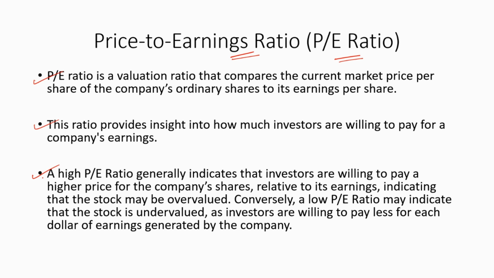A high PE ratio generally indicates that investors are willing to pay a higher price for the company's shares relative to its earnings, indicating that the stock may be overvalued. Conversely, a low PE ratio may indicate that the stock is undervalued, as investors are willing to pay less for each dollar of earnings generated by the company.